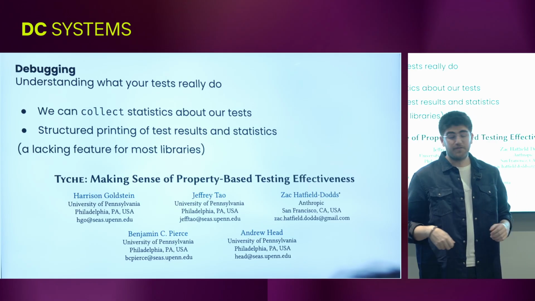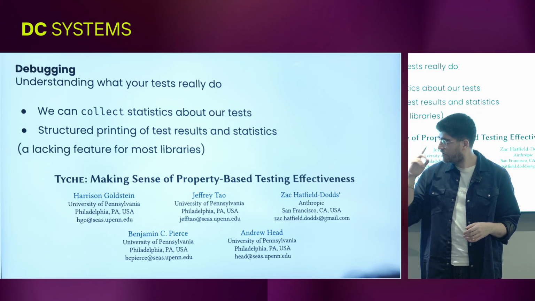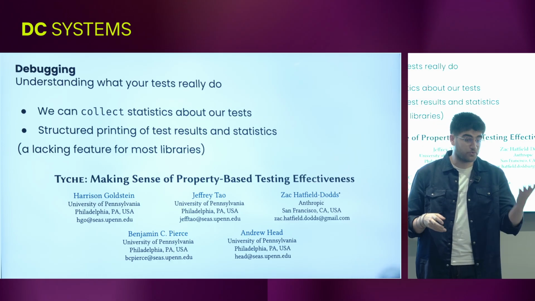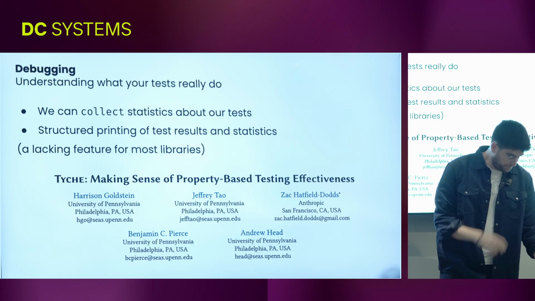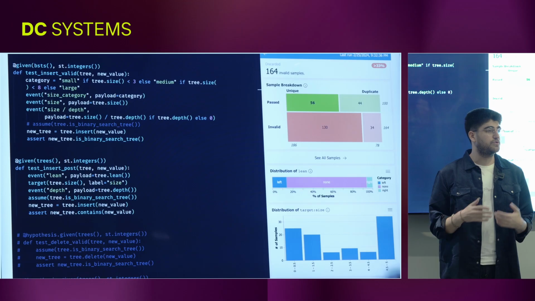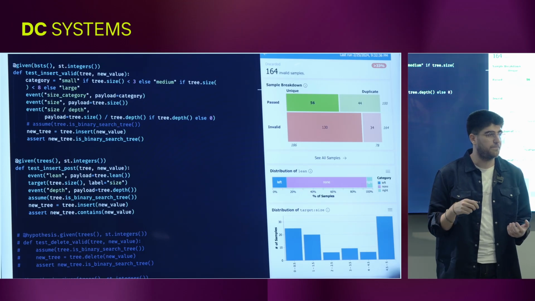And one of the leading works on this is Tyche. It is by Harry Goldstein. He was going to be here, but he couldn't. What Tyche does is it is already integrated into several property-based testing libraries. The first one is Hypothesis in Python.